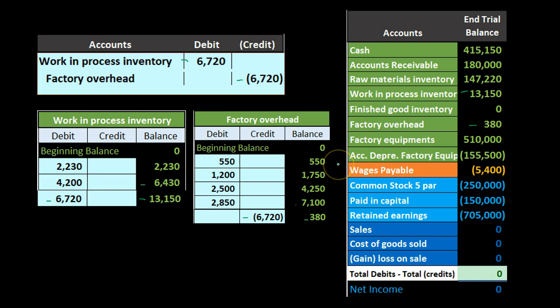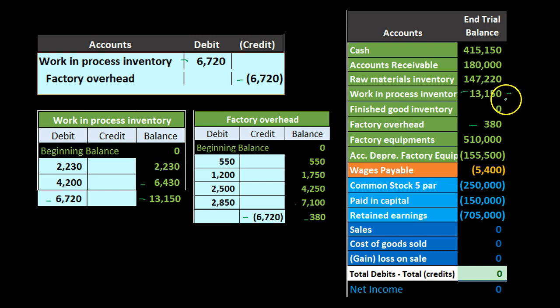Now we're going to say that for this particular month, this is all the activity in factory overhead. So we've incurred the actual costs and recorded them, and then we've allocated those costs out to work in process and to the related jobs. Remember that the work in process account needs to be supported not only by a GL account, but actually by the jobs as well.